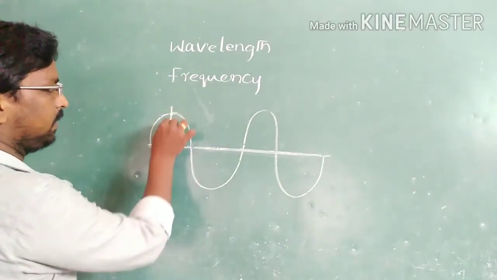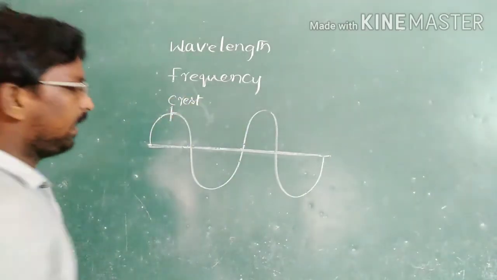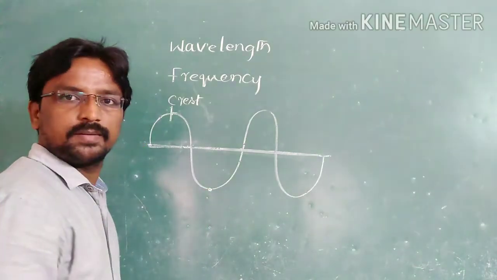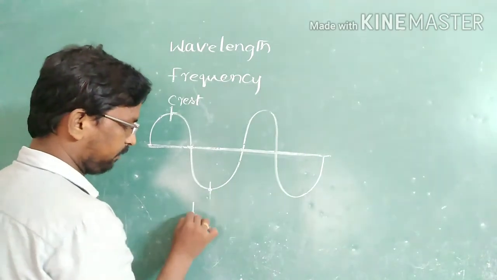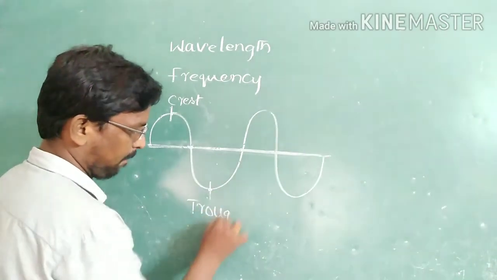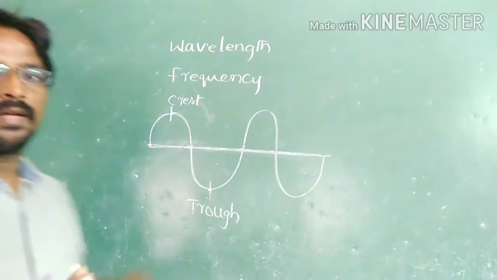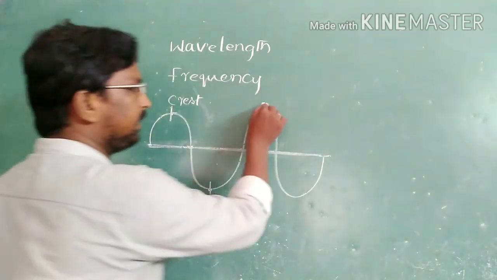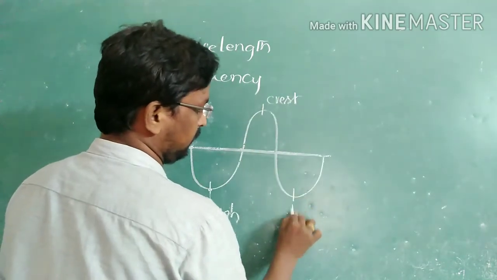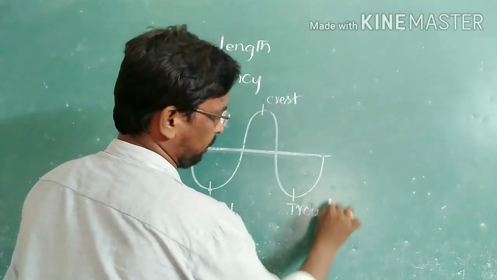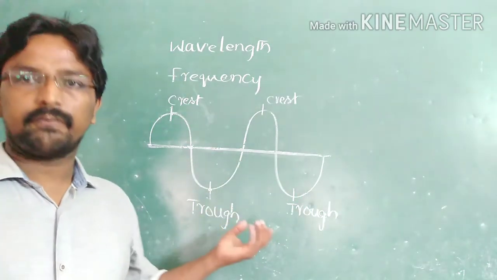This part is said to be the crest. And the lowest displacement from the mean position is said to be the trough. Right? So crest and trough are the two positions, and here it is also a crest, and this is also a trough. Like that, crests and troughs are formed in a wave.